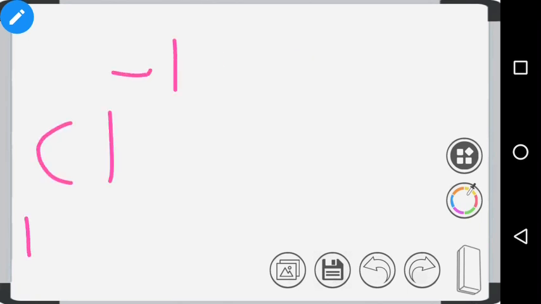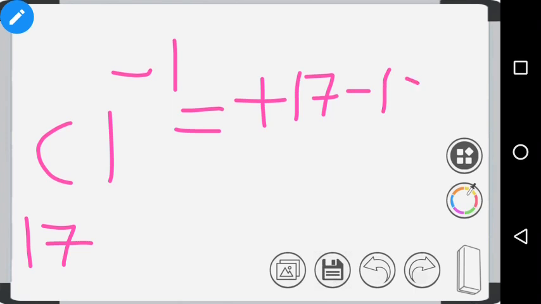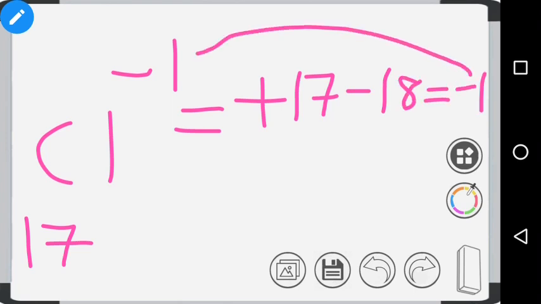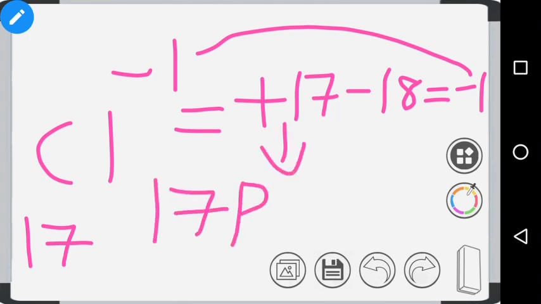Again the atomic number is 17 only. So +17, -18 only gives this number -1. This plus means positive protons. So 17 protons are there, 18 electrons are there. One electron is higher than the protons. Hope you understand how to find the number of electrons.